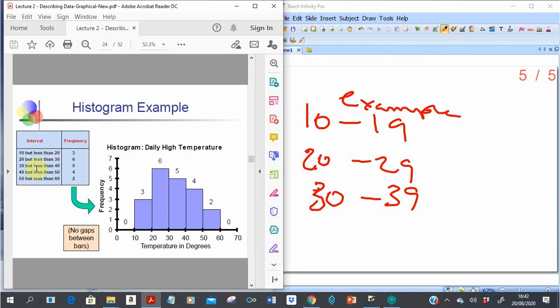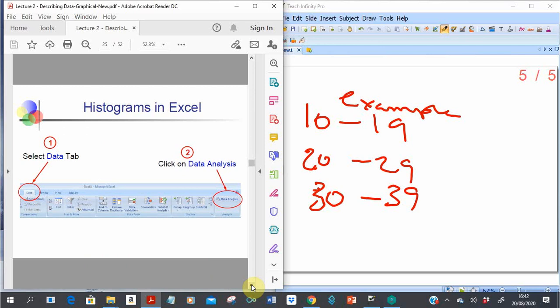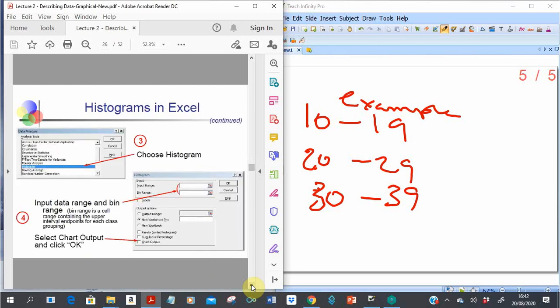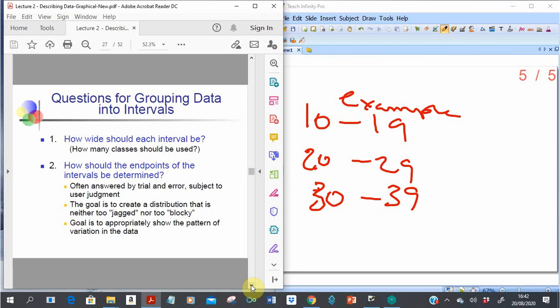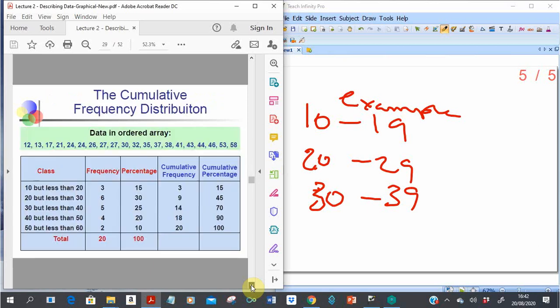So as long as we have represented our class intervals like this, then we just go straight and represent our data in this manner. So that's how you can just construct a histogram in Excel, and we'll do that.